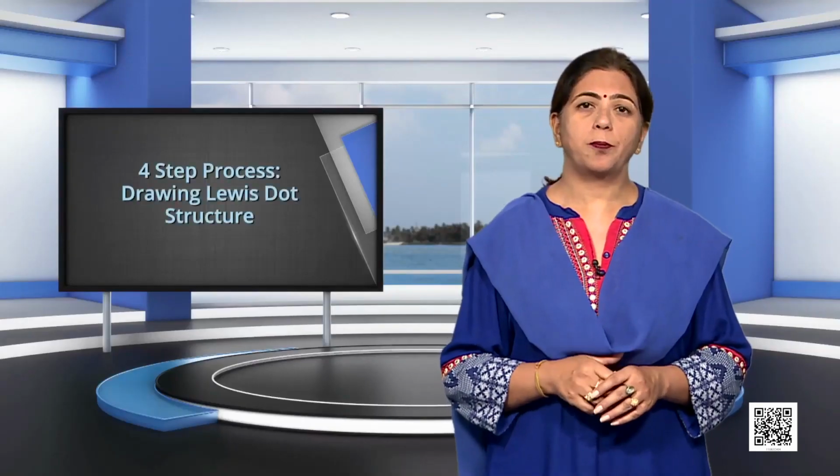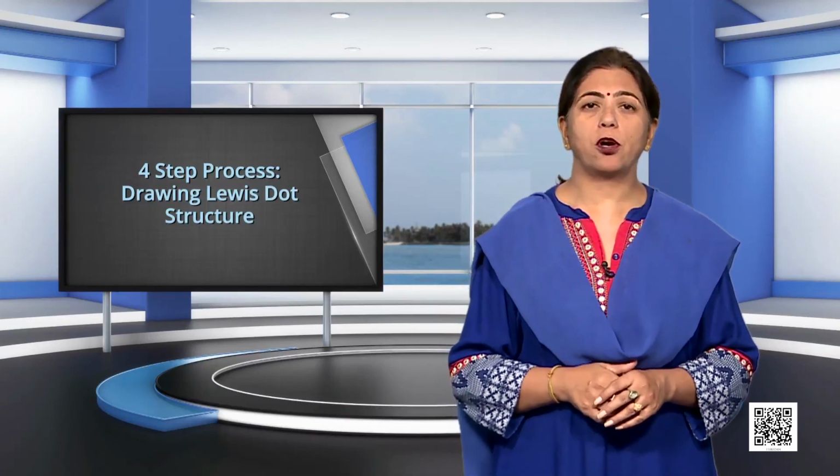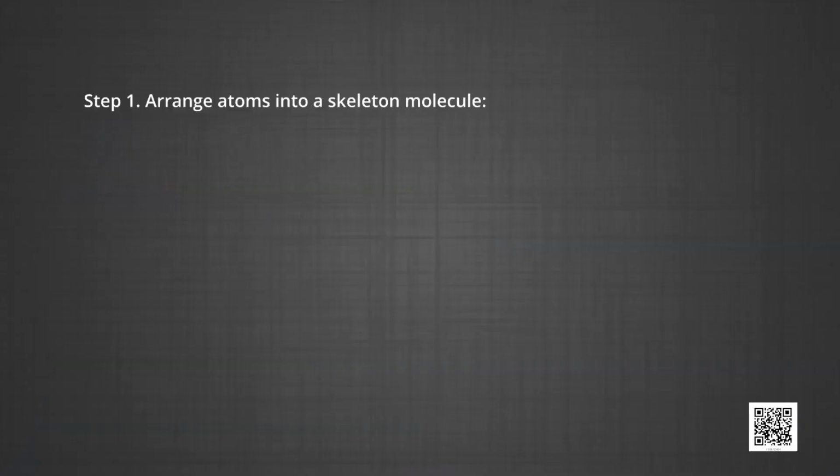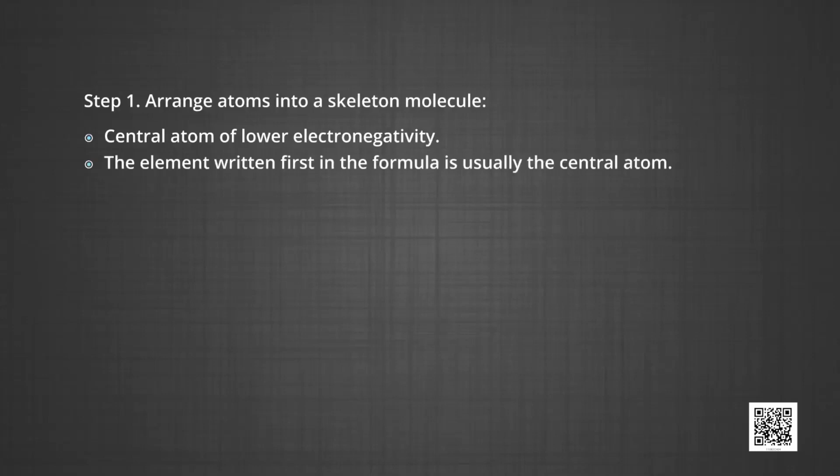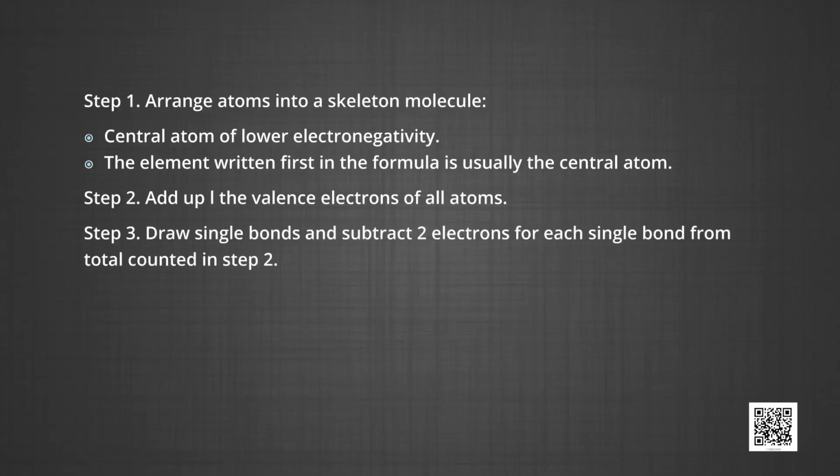Now the process of drawing the Lewis dot structure. Step 1. Arrange atoms into a skeleton molecule. Central atom of the lower electronegativity. The element written first in the formula is usually the central atom. Add up the valence electrons of all atoms, draw single bonds and subtract electrons for each single bond from the total counted in step 2.